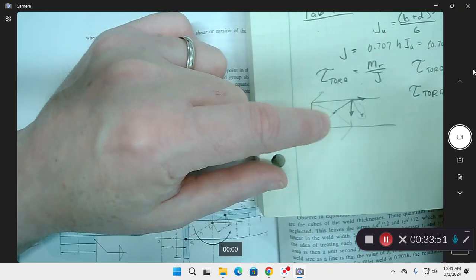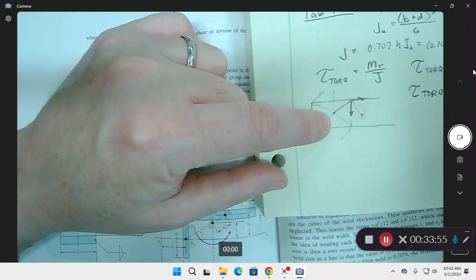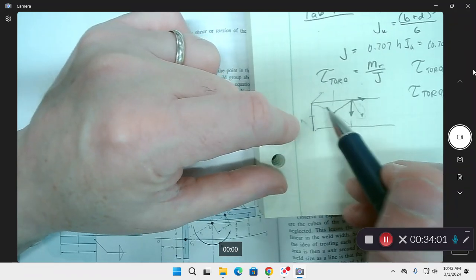I'm just going to put it in the symbols, right? Because this for us is B, so that's going to be, let me see if I can get this right. I almost got it backwards. All right, so it's going to be 1/2 of D, right?